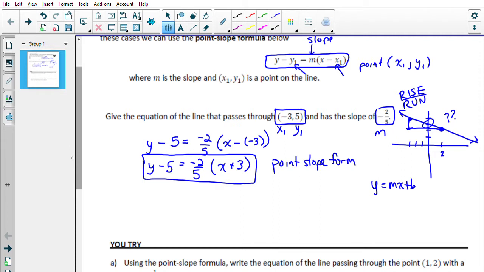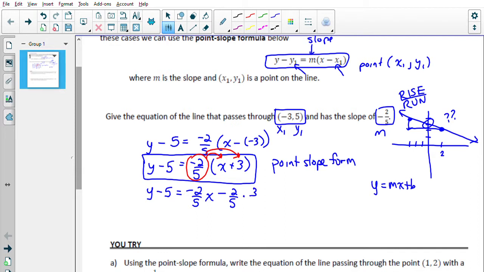So the way you do that is you follow a series of algebra steps to get y by itself. So the first thing we'll do is we'll take this number and we'll distribute it on each of those terms. So I'll get y subtract 5 equals -2/5 x, and then you get -2/5 times 3.